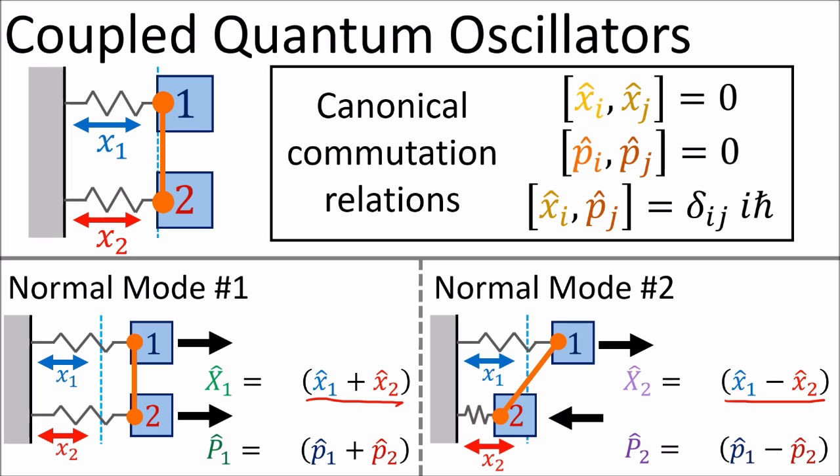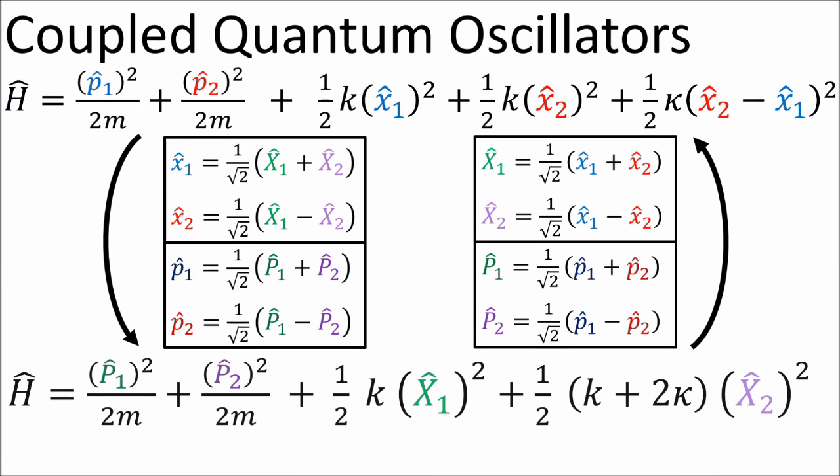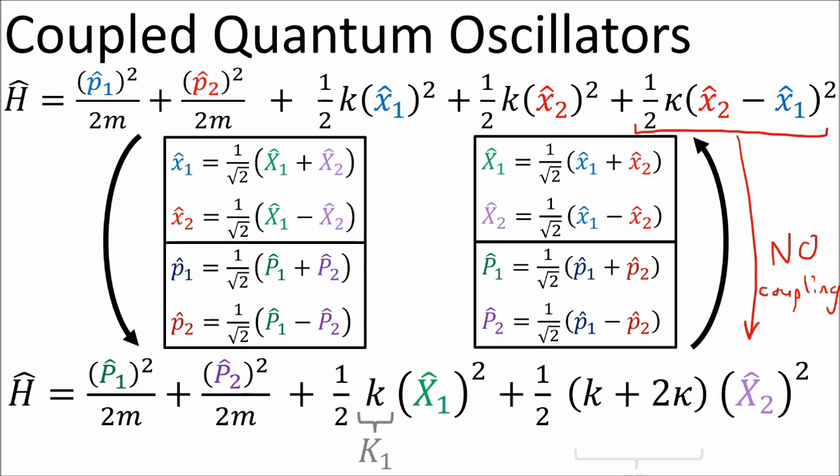I'm also going to scale these formulas by 1 over the square root of 2 for normalization purposes. If we rewrite the Hamiltonian using these big variables, the coupling term disappears, showing that the two normal modes are indeed independent from each other. Also note that the rubber band constant kappa has now been absorbed into the spring constant term. So we now have new spring constants, big K1 and big K2.